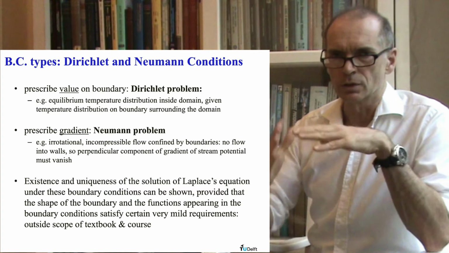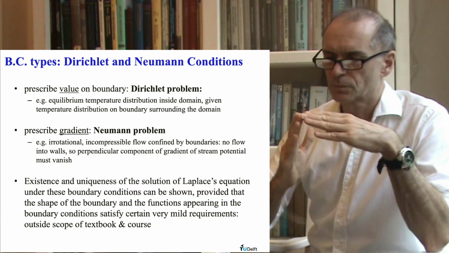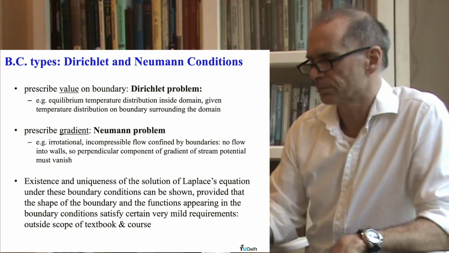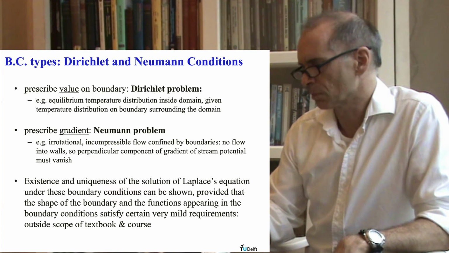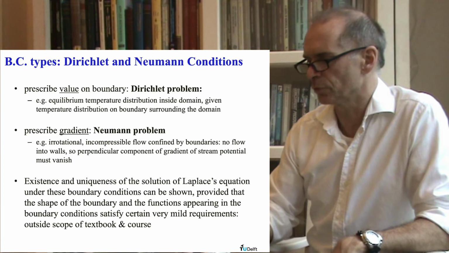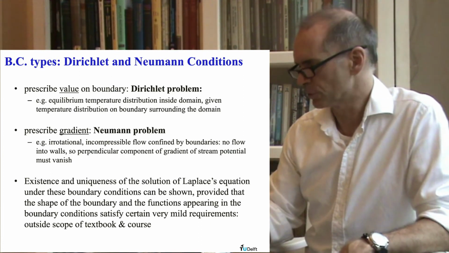But as we shall see, a rectangular box is already non-differentiable, and that is no problem with Laplace's equation, as we shall see. So in that sense, the conditions are mild. There's no smoothness conditions for the boundaries, for example.